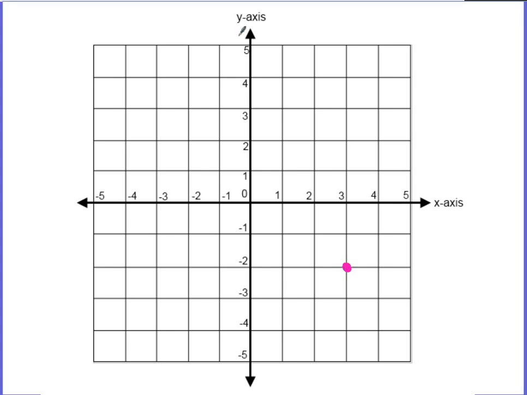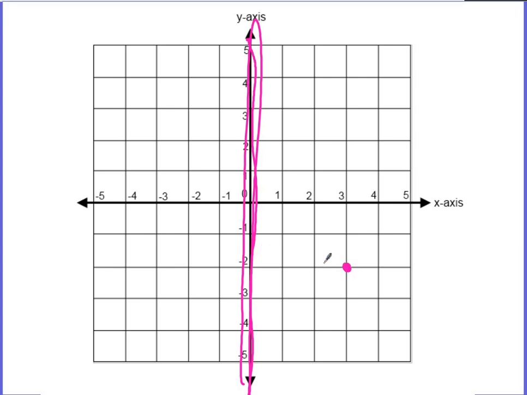Now, if I'm going to reflect across the y-axis, that means that my mirror is right here. My reflection isn't going to go up because my mirror is right here. So my reflection is going to go to the left because it's on the right.